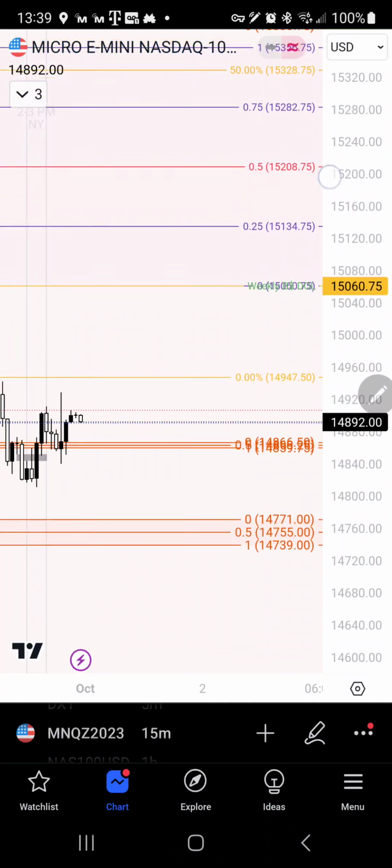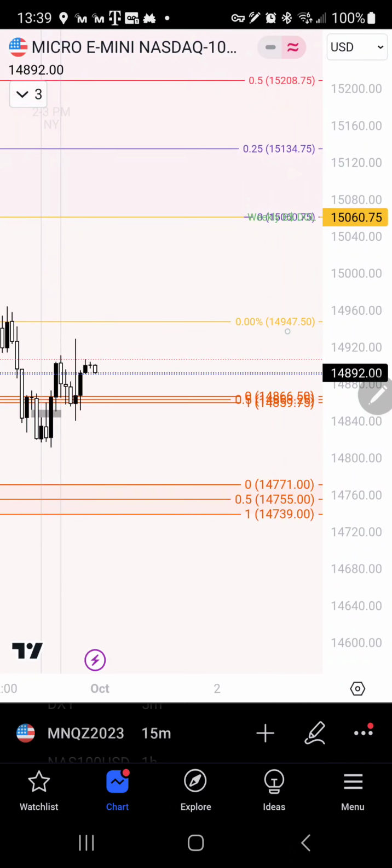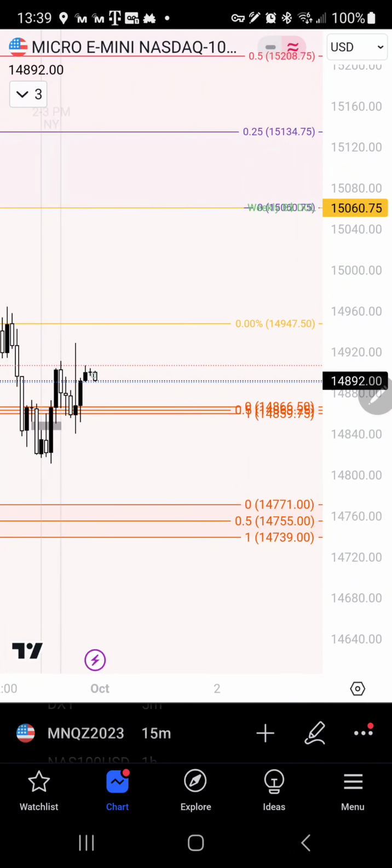So yep, that is what I will be looking for, guys: the market to come down, push up in order to continue the macro outlook of the market being bearish.